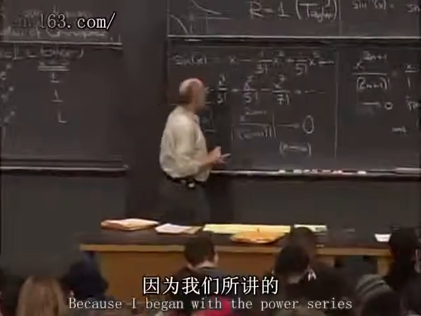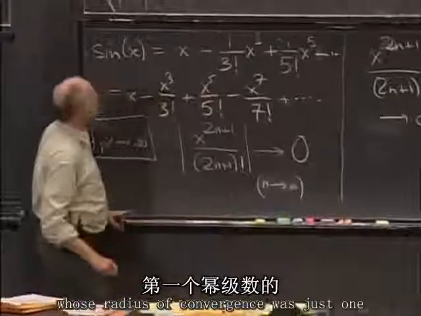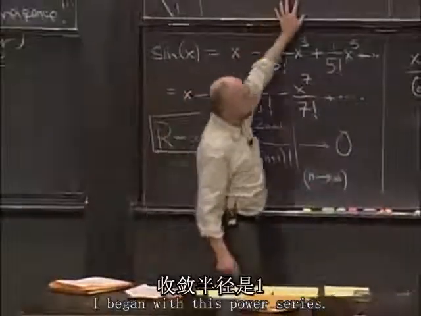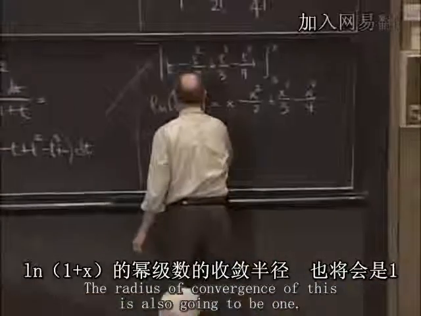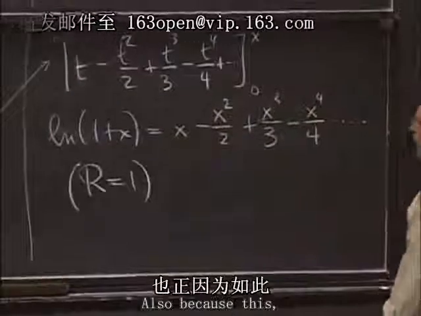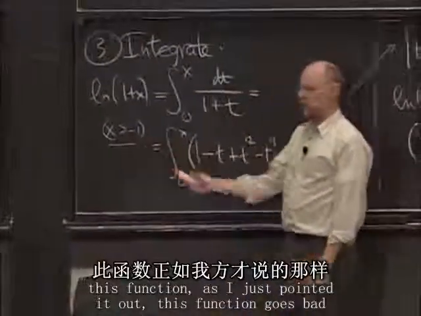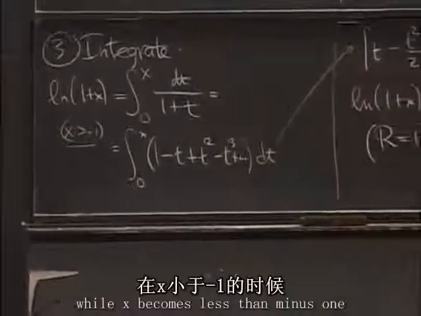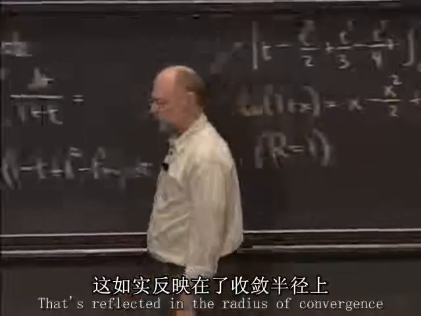And because I began with a power series whose radius of convergence was just 1, the radius of convergence of this is also going to be 1. Also, this function, as I just pointed out, goes bad when x becomes less than minus 1, so some problem happens, and that's reflected in the radius of convergence.